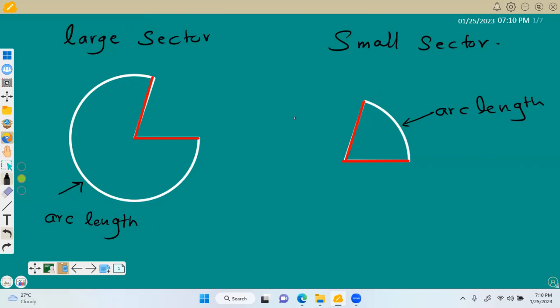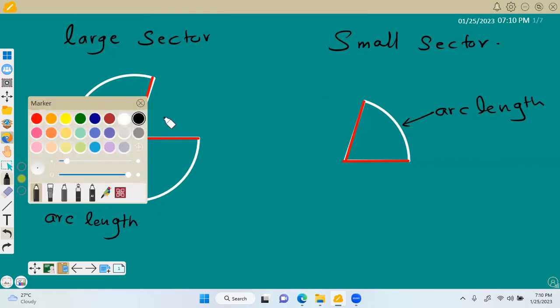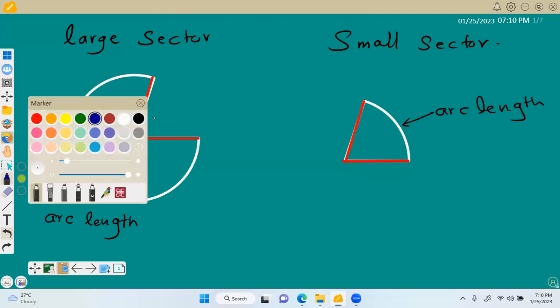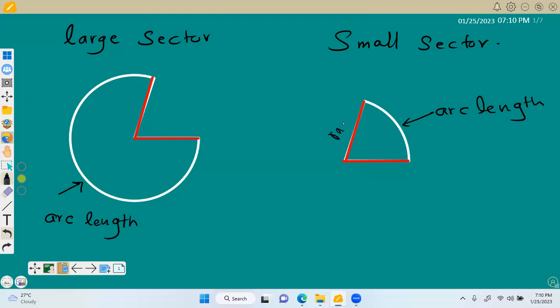Okay. Then when two straight line segments meet each other, we know that an angle is formed. So now if I consider the small sector here, two radii meet at the center. Okay, because this is the center of the circle. Sorry, I forgot to write. This is radius.